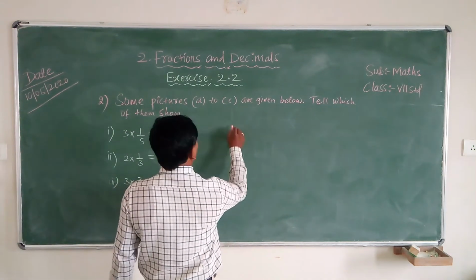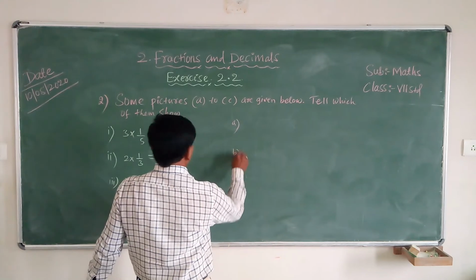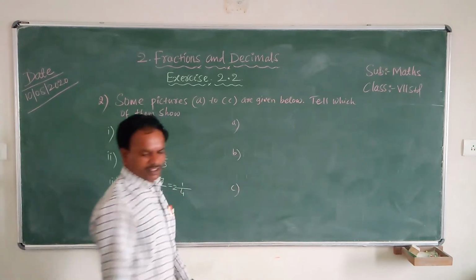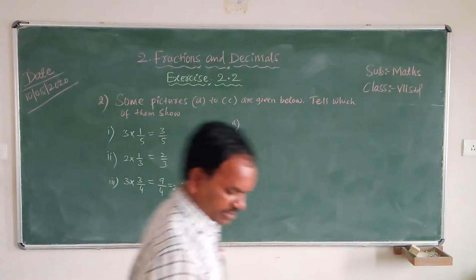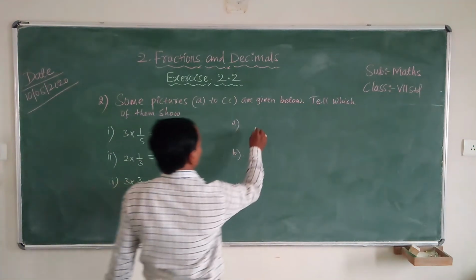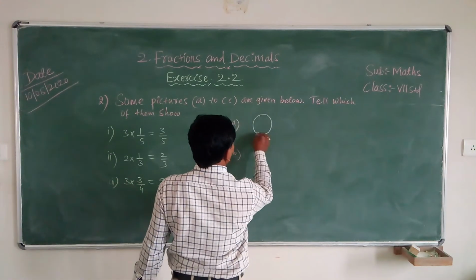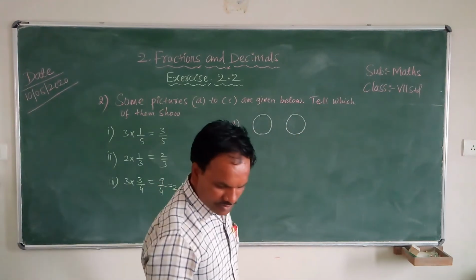Next is the ABC figures A, B, C. So like this figures are there. See here, when drawing the figure, first one figure is there. First figure, like this is there.